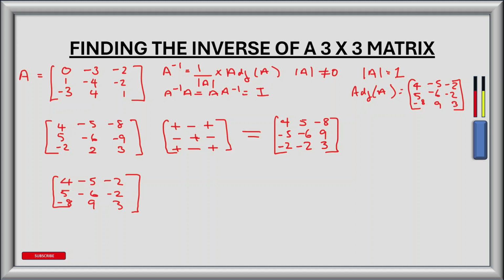So now all that's left to be done to find the inverse is to divide the adjoint by the determinant of A. So A inverse is equal to 1 divided by the determinant of A multiplied by the adjoint of A. Now we know that the determinant of A is 1, so 1 divided by 1 is equal to 1 multiplied by the adjoint 4, 5, -8, -5, -6, 9, -2, -2, and 3.